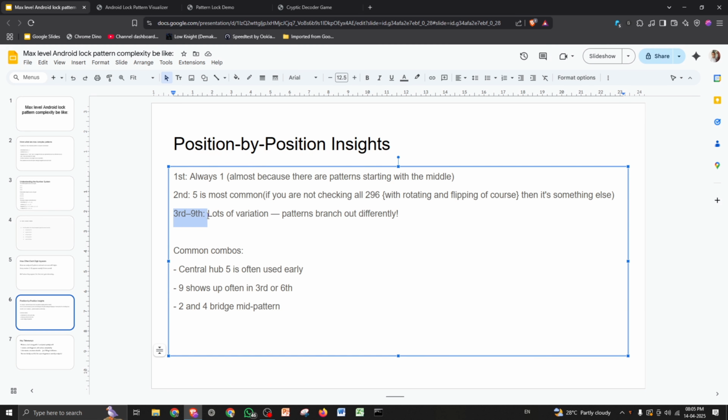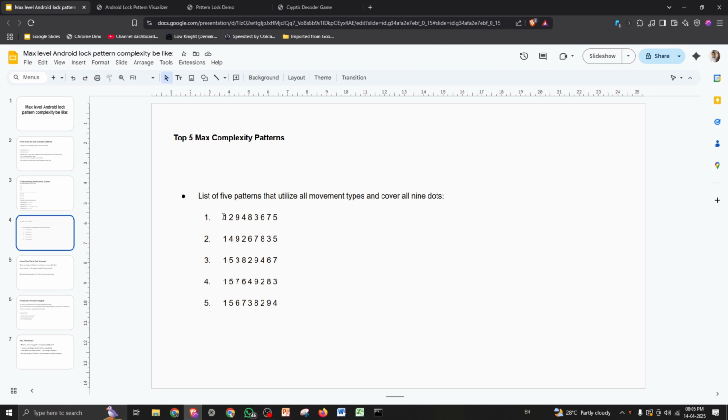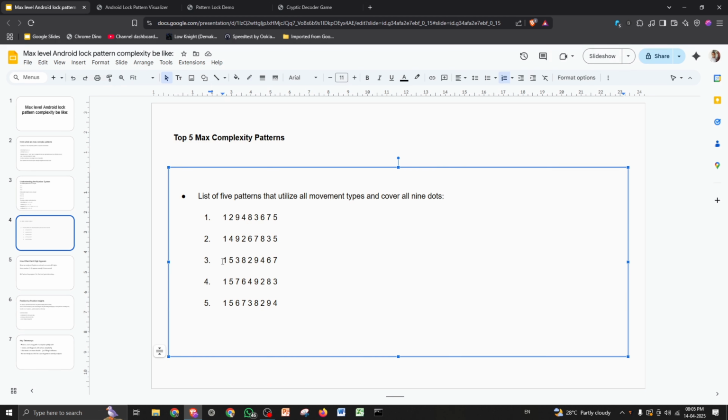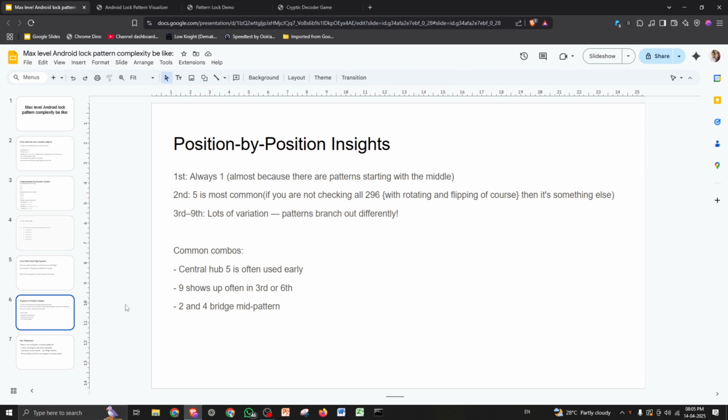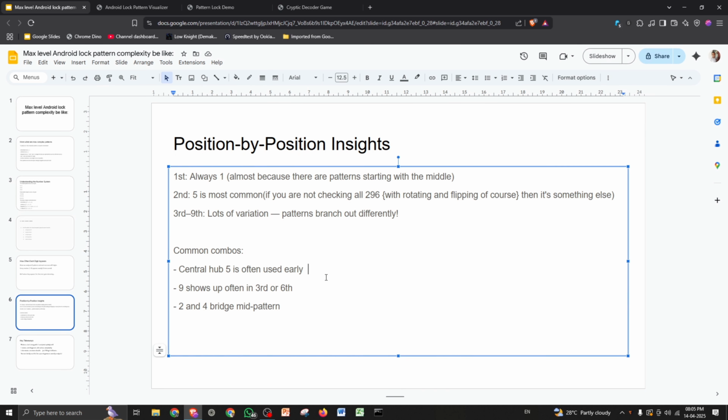Third and ninth, lots of variation, patterns branch out differently. These 5 are basically first common, then RNG. First 2 are determined and the rest is RNG. Noise. So central hub is 5, often used early.